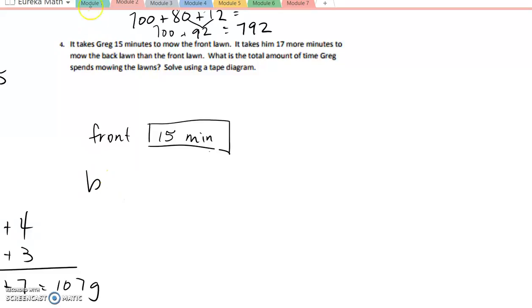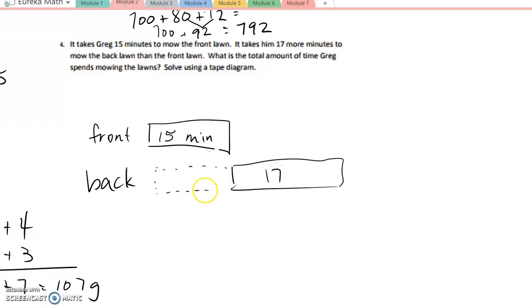Then we have back. Takes him 17 more minutes to mow the back. So I've got the 17 more here, but we still have the 15 minutes that it took in the front. Here's our more. So we have to figure out what the total is here. How many minutes for both?